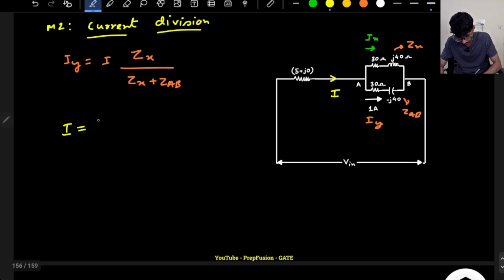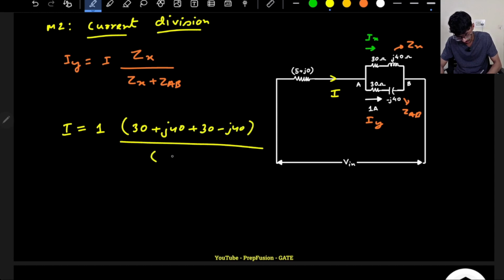Iy I already know, it is 1. Zx is 30 plus J40, plus Zab is 30 minus J40. So things are simplifying. Divide by 30 plus J40.